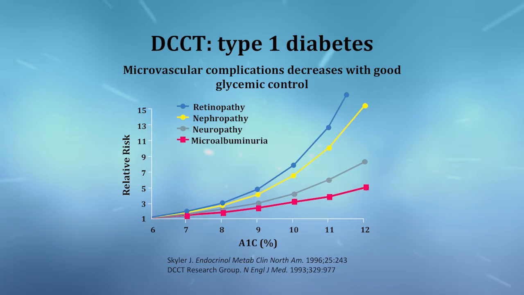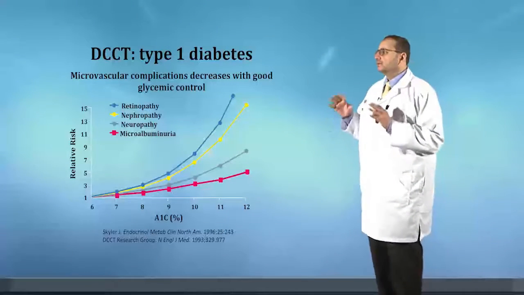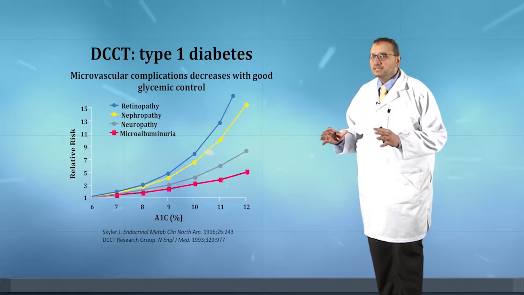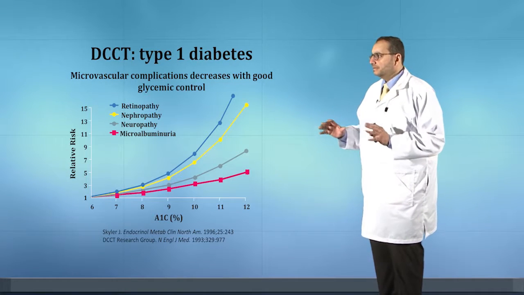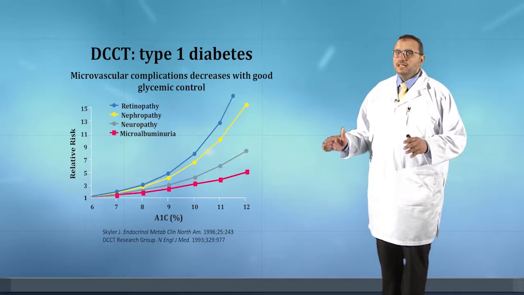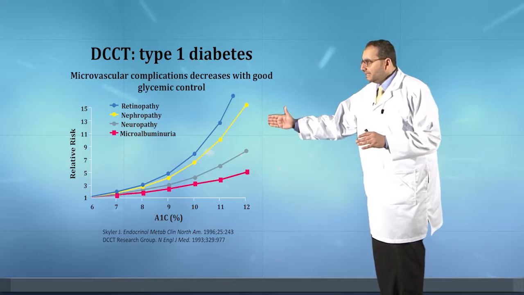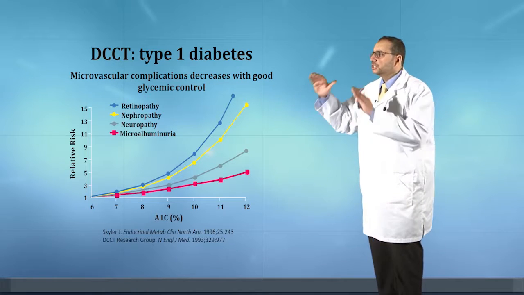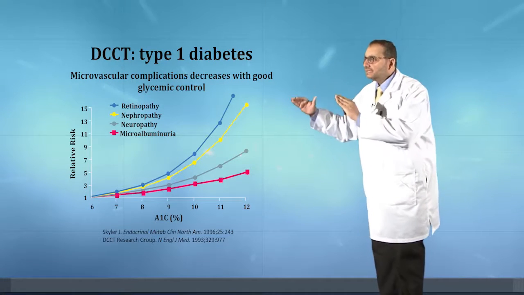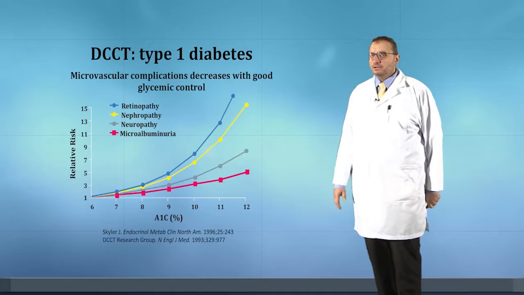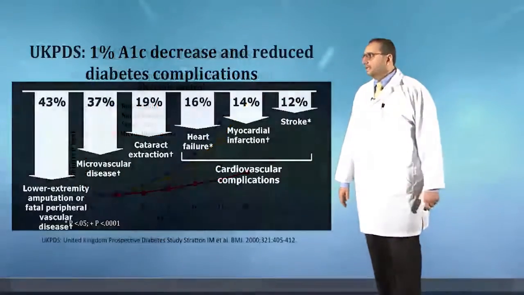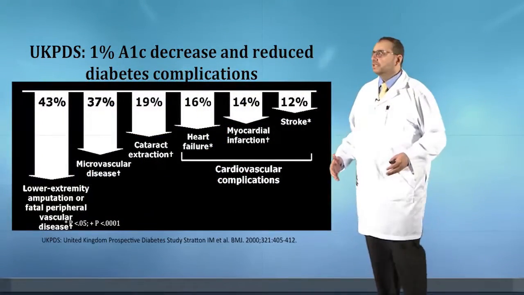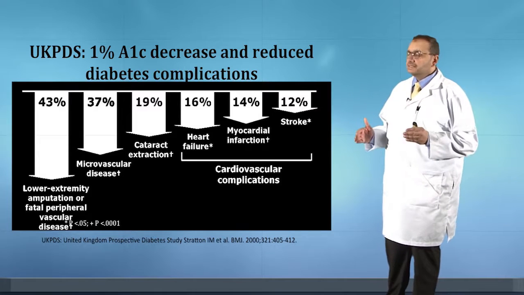Since that time, it has been shown that all the microvascular complications can be decreased by glycemic control. You can see the hemoglobin A1C: the worse it is, the higher the relative risk of developing microcomplications. This has also been proven in UKPDS.